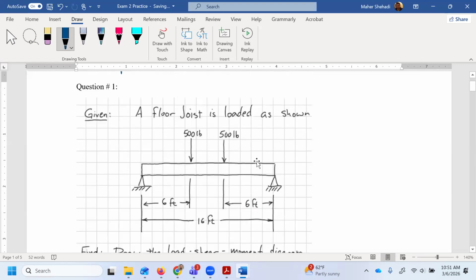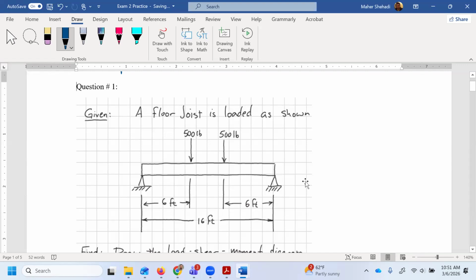Okay, in this problem, we have this beam under the action of two forces, the 500 pounds. It's not in the middle point, but they are equidistant from the two ends and from each other. And that should make the support forces at these two points equal.